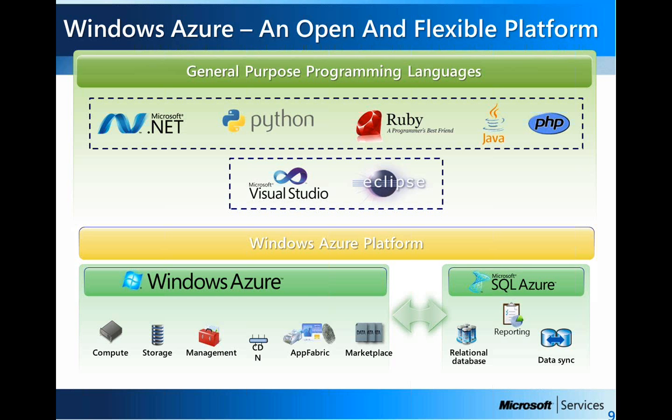Please don't get confused between the Windows Azure platform and Windows Azure. Windows Azure is the core of the Windows Azure platform because it provides the computing power. The platform comprises three components: one is Windows Azure, second is SQL Azure, and third is Azure App Fabric.